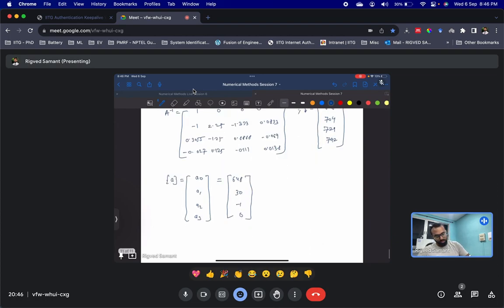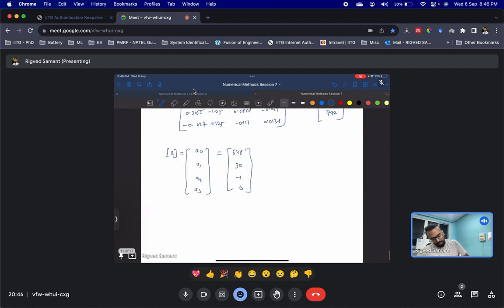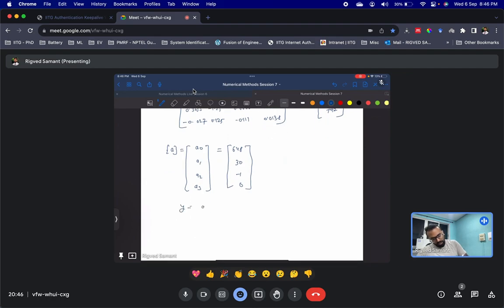What was your starting equation? y is equal to a0 plus a1x plus a2x square plus a3x cube. If you plug these values in here, you will get the final equation: a0 is 648, a1 is 30, so 648 plus 30x minus x square is 0.